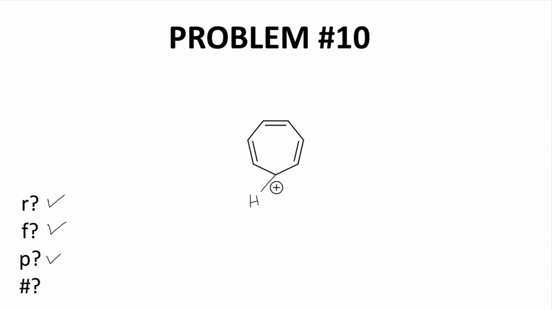Okay, what's our electron count? Well, we have 2 electrons from that pi bond, 2 from there, 2 from there, and a big 0 from the carbon that is the carbocation. So that gives us 6 electrons, and that solves very nicely for 4n plus 2, n equals 1. Yes, this is aromatic, and we have 6 electrons in our aromatic system. This is a special carbocation.